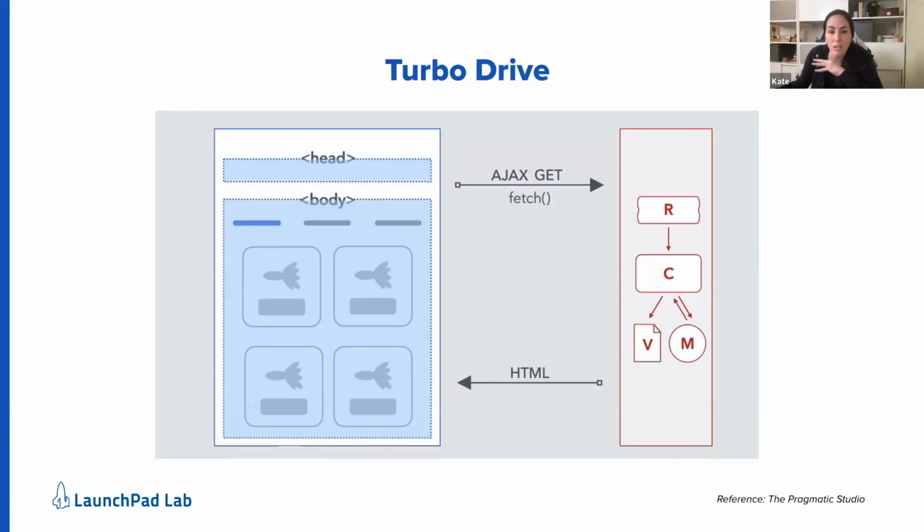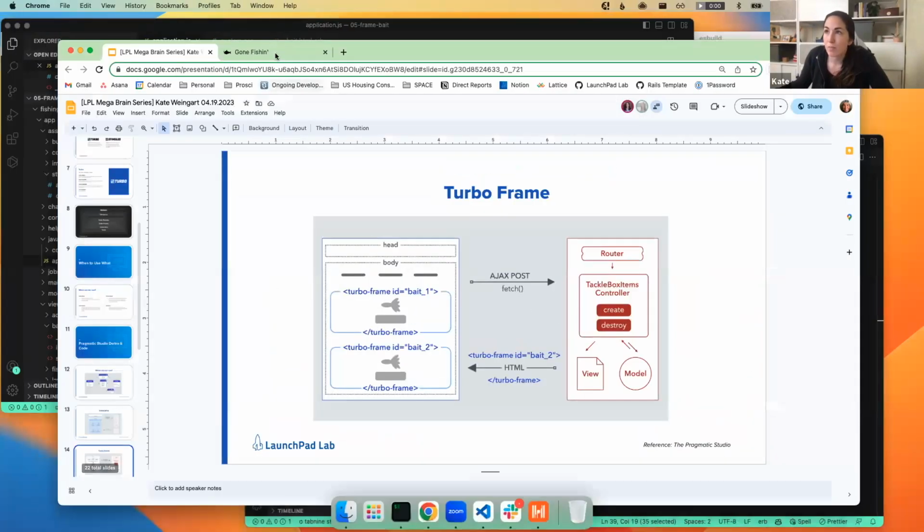When you click a link or submit a form, Turbo Drive prevents the browser from following the link, changes the browser URL using the history API, requests the new page using a fetch request, and then renders the response HTML by replacing the body and merging the head content. Same goes for form submission. Turbo Drive converts form submissions into fetch requests, so your browser doesn't have to reload and the app feels much faster.